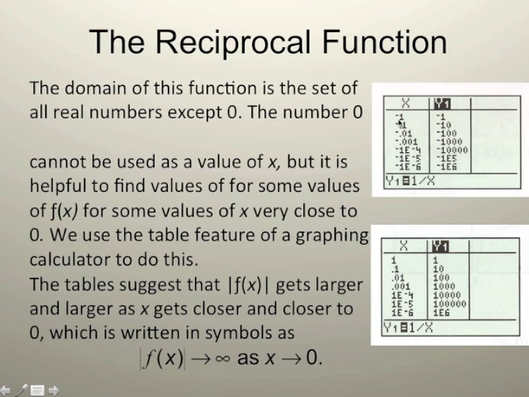So if x is on the negative side, -1, -1/10, -1/100, -1/1,000, etc., smaller and smaller, notice what's happening to the y values. They're getting more and more negative. So it looks like they're going to negative infinity. For the positive values, again, 1, 1/10, 1/100, they're getting larger and going to infinity.